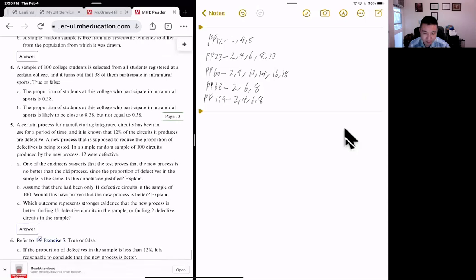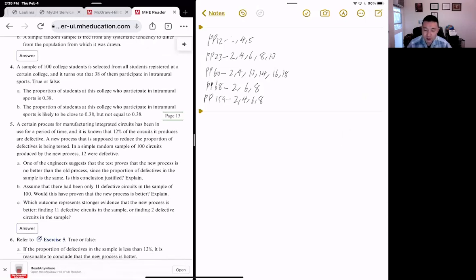So question number 4. A sample of 100 college students is selected from all students registered at a certain college, and it turned out 38 of them participated in intramural sports. True or false? The proportion of students at this college who participated in intramural sport is 0.38, which is 38 divided by 100.